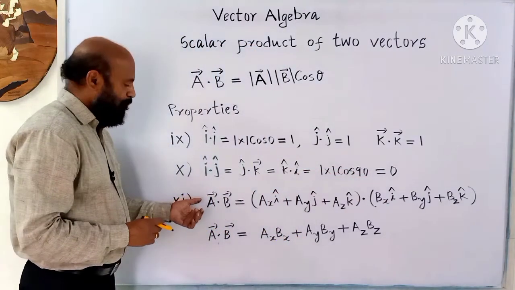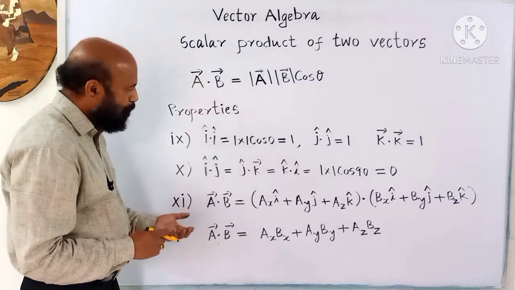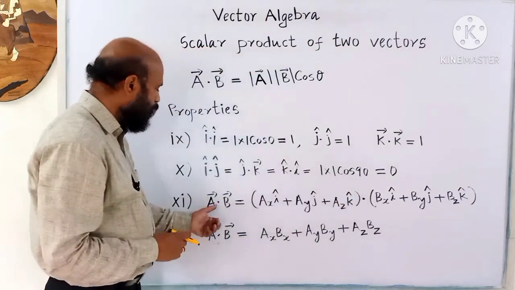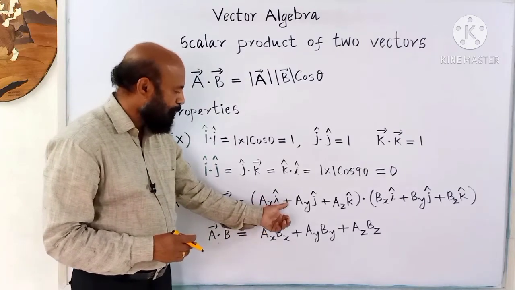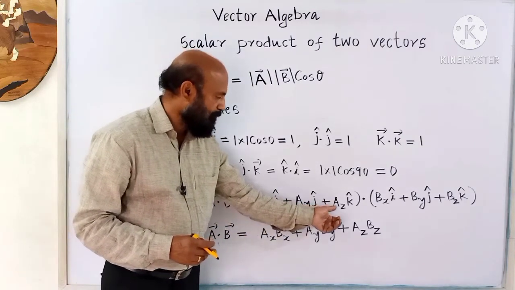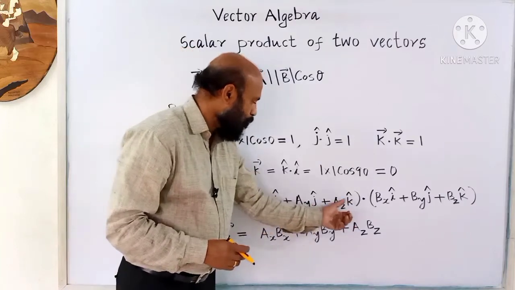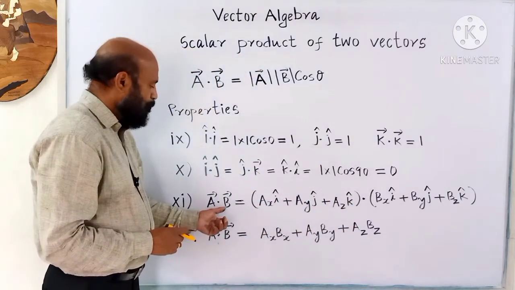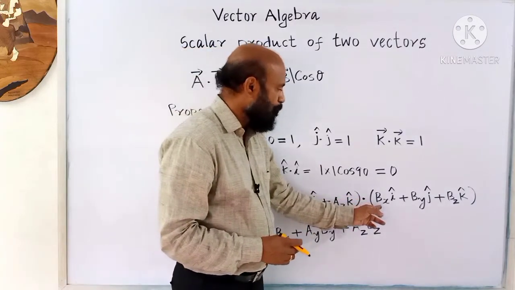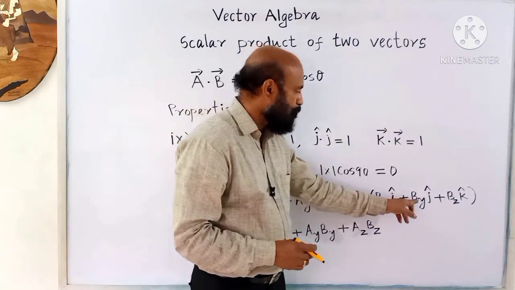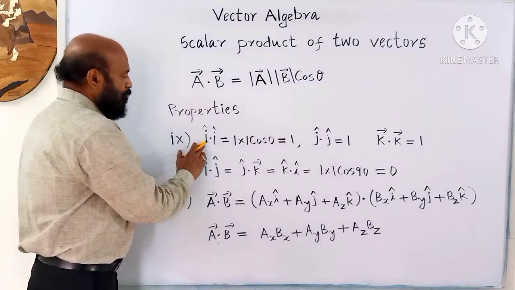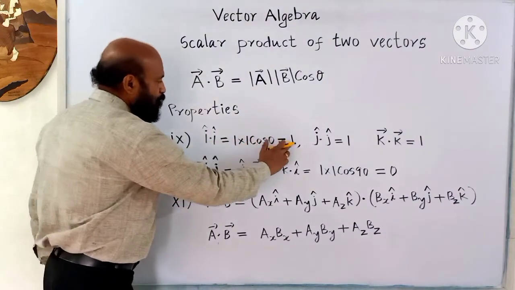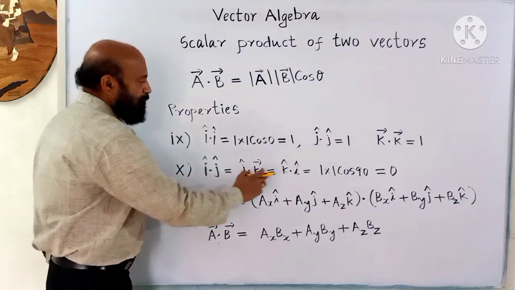Now let's see scalar product in terms of the components. A vector dot B vector. A vector is ax i plus ay j plus az k in the component form. B vector in the component form is bx i plus by j plus bz k. So already you know i dot i is 1 but i dot j is 0.